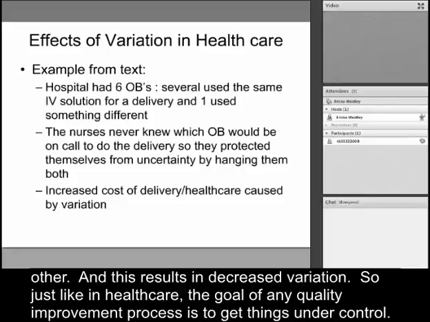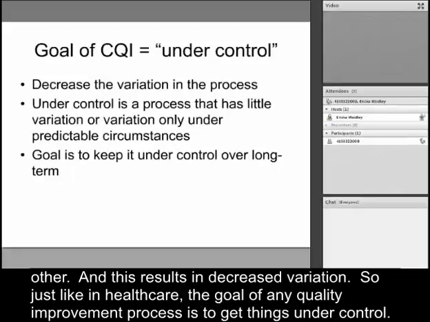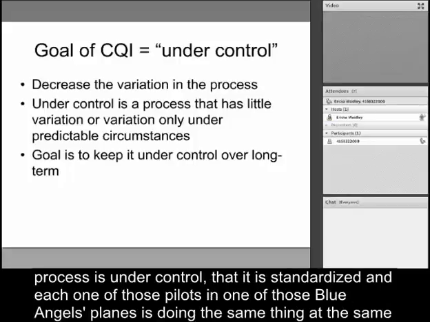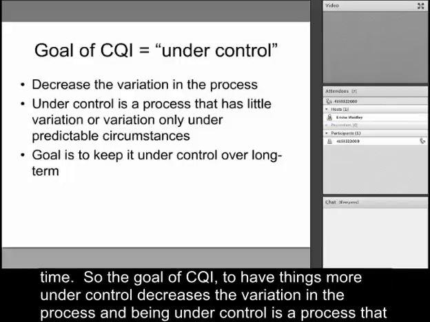So just like in healthcare, the goal of any quality improvement process is to get things under control. And of course, the Blue Angels have to have assurance that every step that they take, every process they do when they fly those planes, that the process is under control, that it is standardized, and each one of those pilots in one of those Blue Angel planes is doing the same thing at the same time.